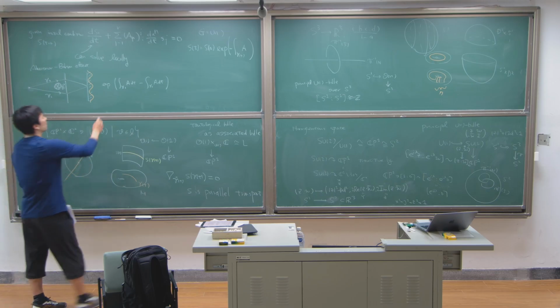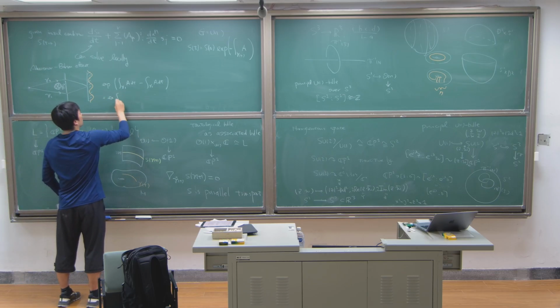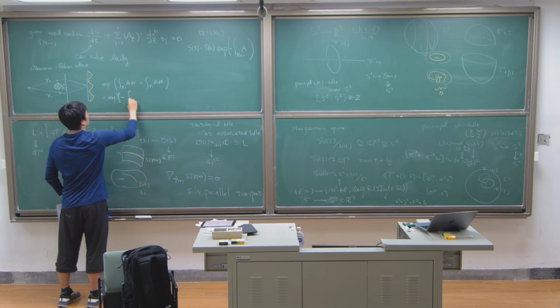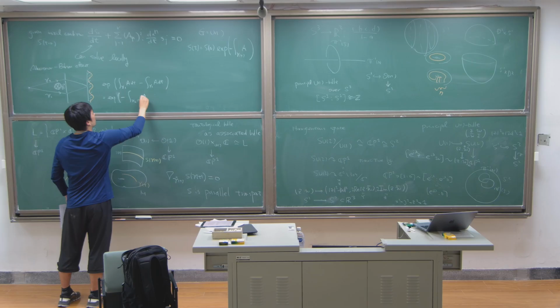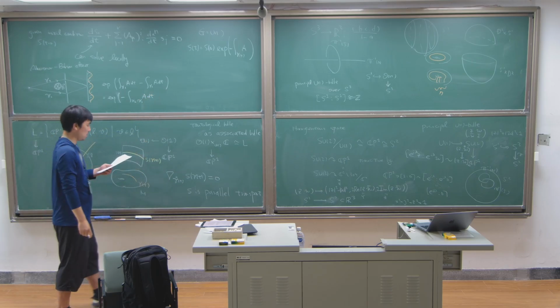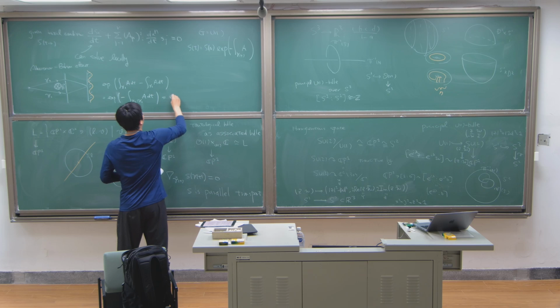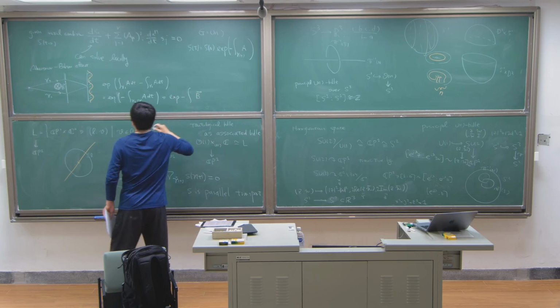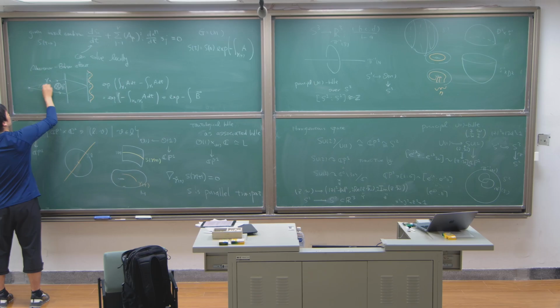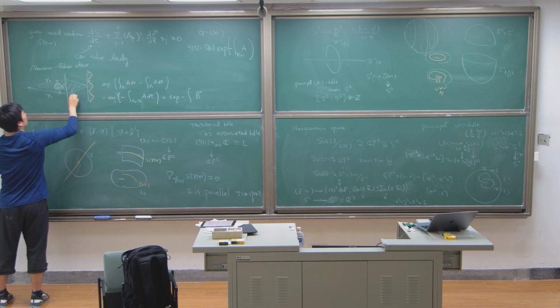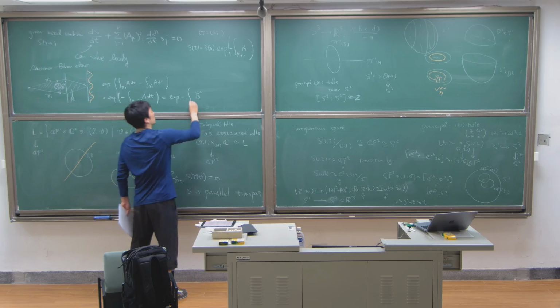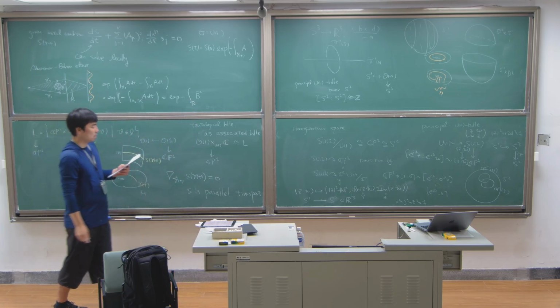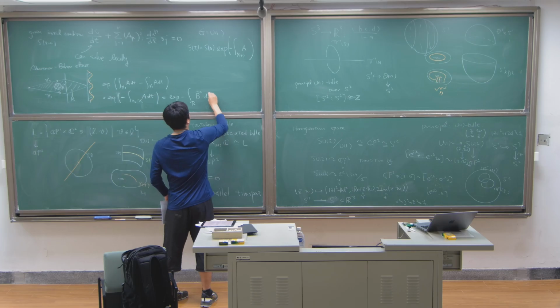Okay, so this is equivalent to saying that the exponential of the integral of A dt is equal to the exponential of minus, and then by Stokes theorem, so this region R, the area times the field, and this is magnetic flux.